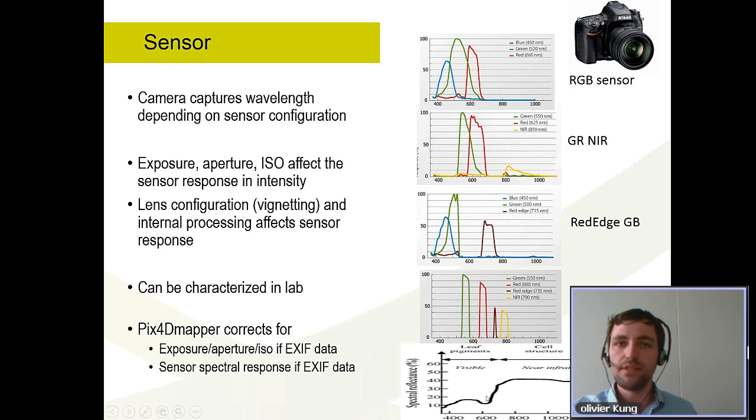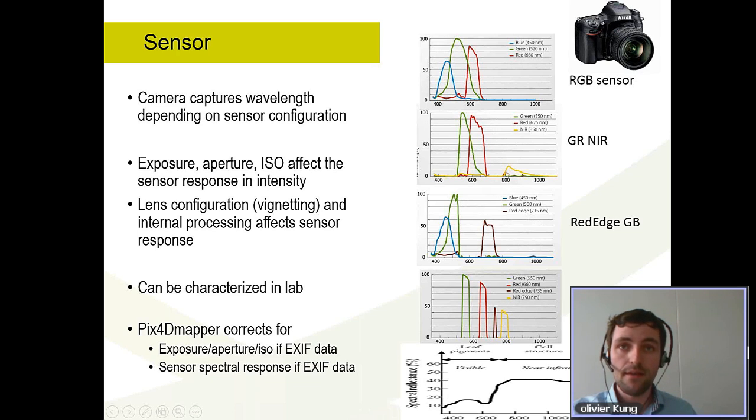So which type of bands and how they are configured will have a big influence on what you can measure. To compute an NDVI the most classical way, this camera would be pretty good, as it will give you a good response in the red and a response also in the infrared.